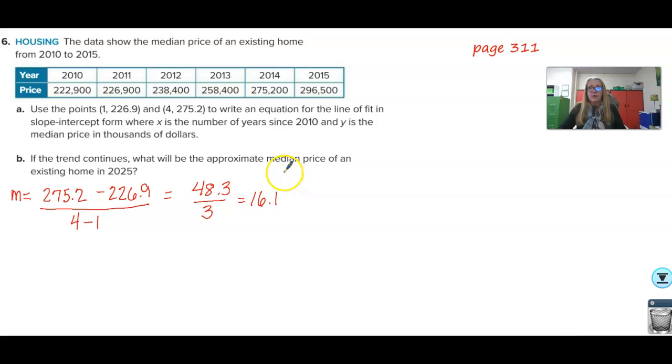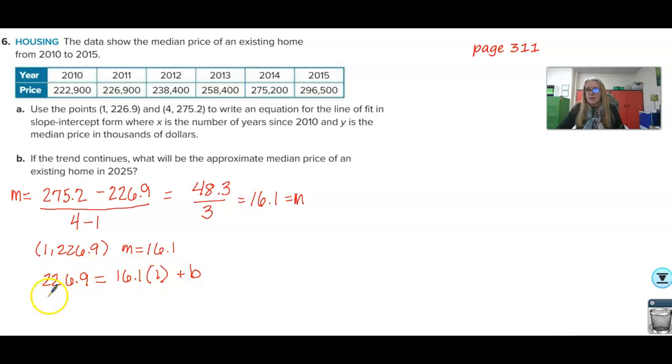Okay, now we can use 1 point and our slope to write an equation in slope-intercept form. Okay, so let's use the point (1, 226.9) and a slope of 16.1. So y is 226.9 equals m, 16.1, times 1, plus b. So we have 226.9 equals 16.1 times 1 is 16.1 plus b.